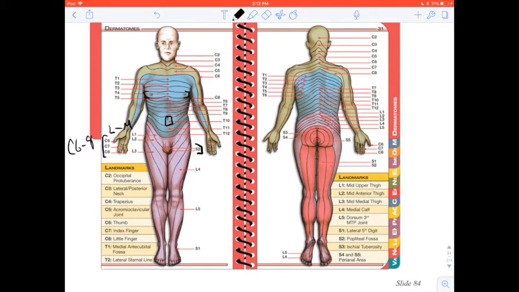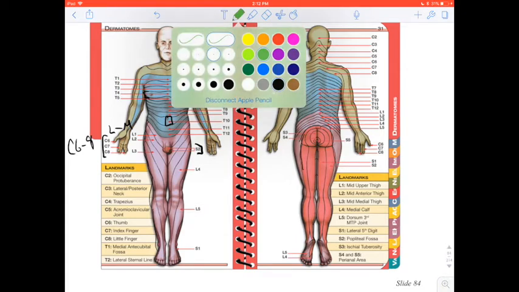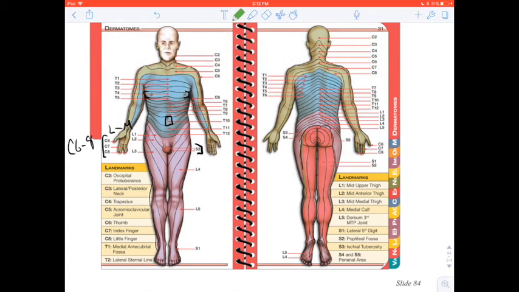Our L1 through L5 is going to be the anterior part of the legs here, right? And then the rest from there, S3 through S5, are going to be the posterior part of the legs here.